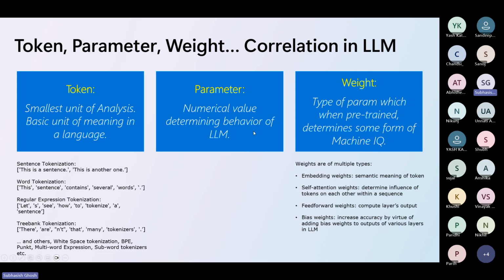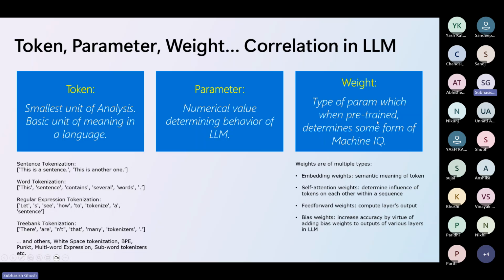And very important is also weight. Now, they're correlated, but weight has its own definition. Weight is basically a type of parameter, but it defines the strength of connections between the neurons across different layers in the model. These are usually pre-trained, and when pre-trained, the weights of an LLM determine some form of machine IQ, which eventually provides the ability to produce new content.